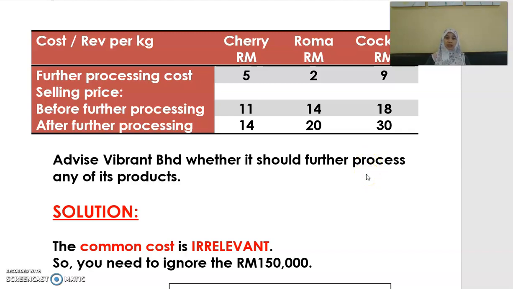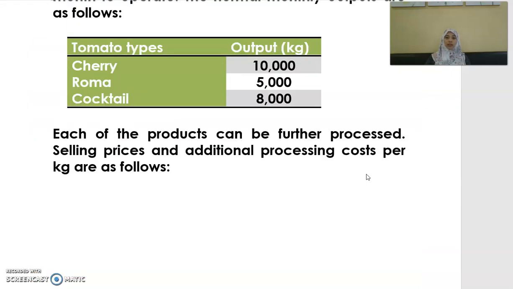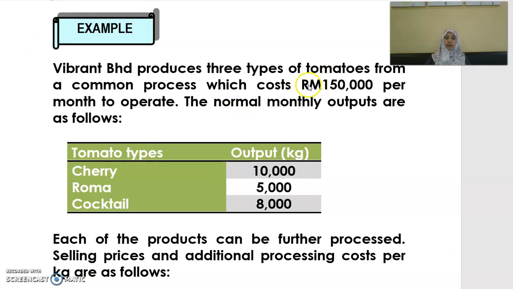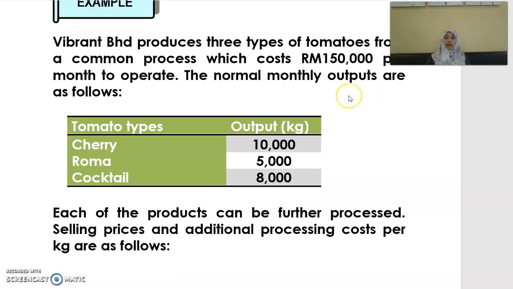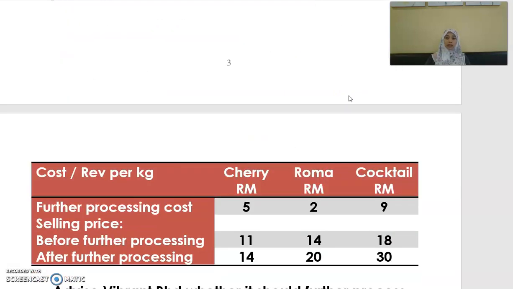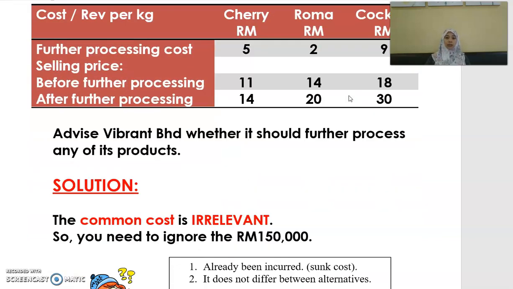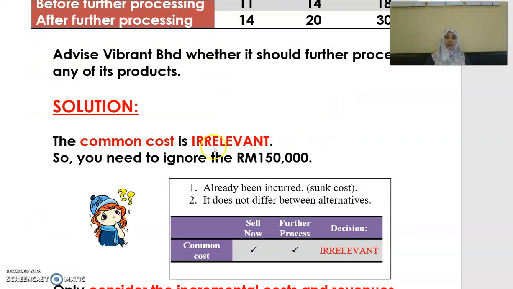First, you decide what costs or revenue you should take into consideration. Look at the 150,000. That 150,000 is your common cost. This common cost is irrelevant, so you should not take it into consideration when deciding whether to further process the product.